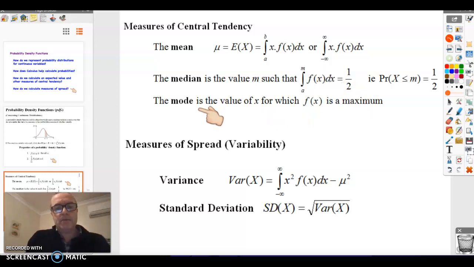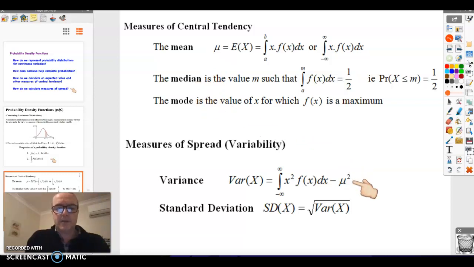In a distribution like this, if there's a particular maximum value of f, then that value of x is an indication of the mode of this distribution. So they are the three measures of central tendency: the mean, the median, and the mode.